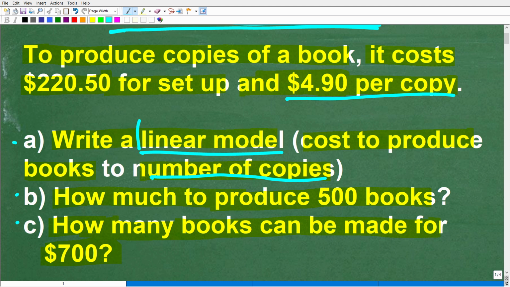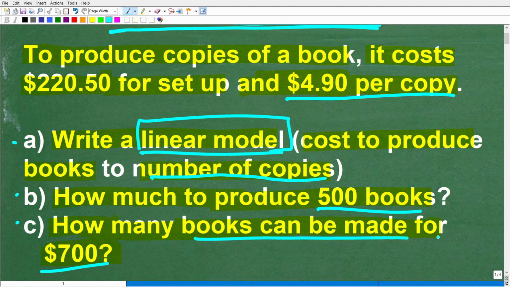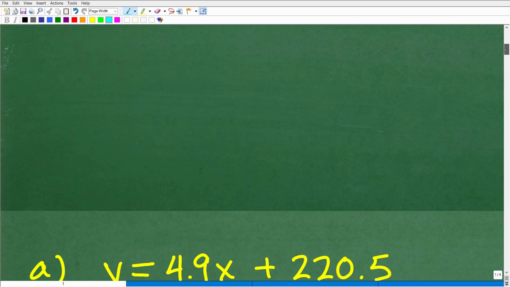We want to construct a formula, an equation. That is what a linear model is. Part B is how much to produce 500 books. So let's say you want to produce 500 books. What's the total cost there? And then if your budget is $700, how many books can be made? Okay, so again, those are the problems. Let's go and take a look at the answers for A, B, and C.